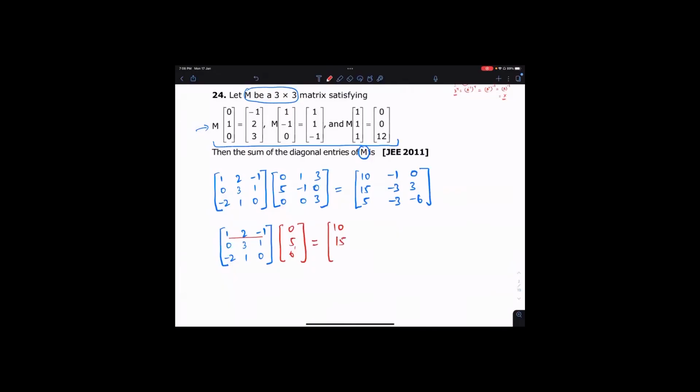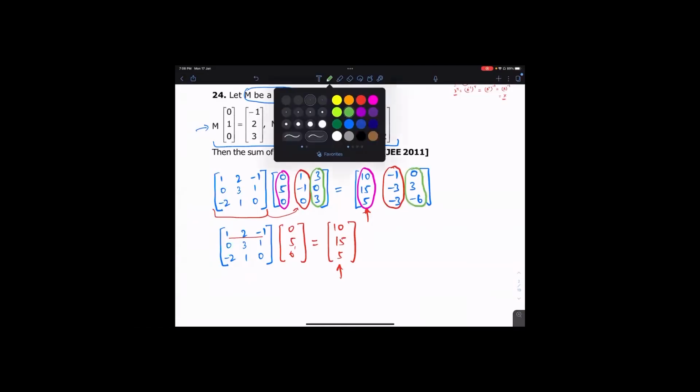Next 0, 5, 0, 5. What are we getting? This is the first column, or not? So this column will give this column. And this column will give the second one. That means when you multiply the whole matrix with the second column, it will give you the second column on the right hand side. If you multiply the whole matrix with the third column, you will get the right hand side third column. That is the essence of this question.